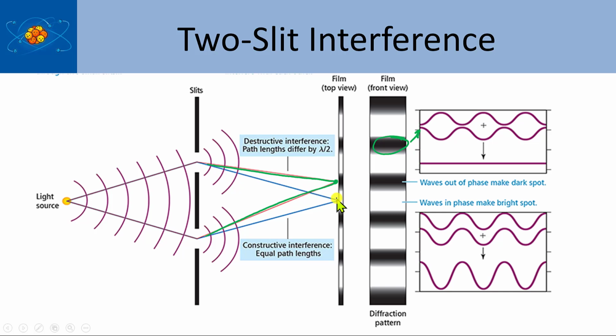The waves are both large when they strike the wall at this point. Here they're off by half a wavelength, which is from, let's say, here to here. They're off by that much, and that's what causes the constructive or destructive interference.